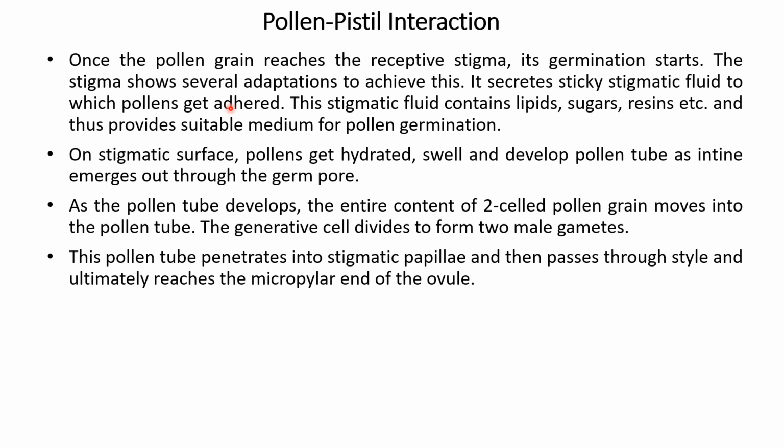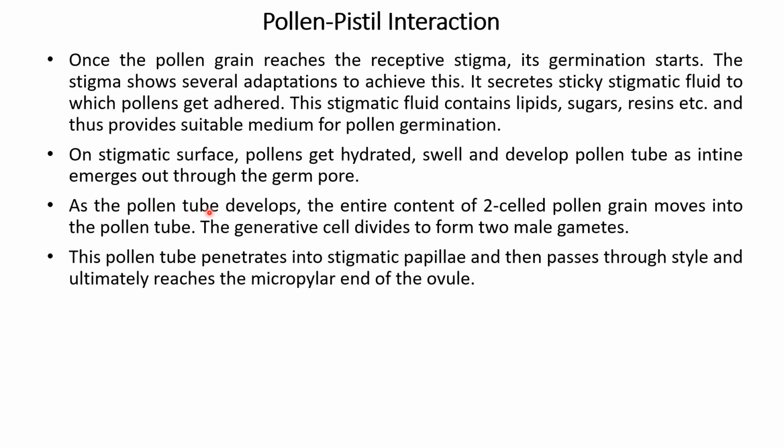This stigmatic fluid contains lipids, sugars, resins, etc. and thus provides a suitable medium for pollen germination. On the stigmatic surface, pollen grains get hydrated, swell on absorbing water, and develop a pollen tube as the intine emerges out through the germ pore.